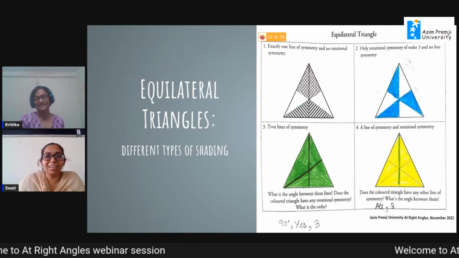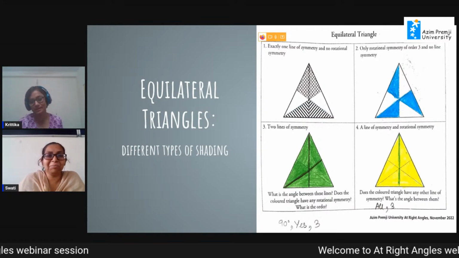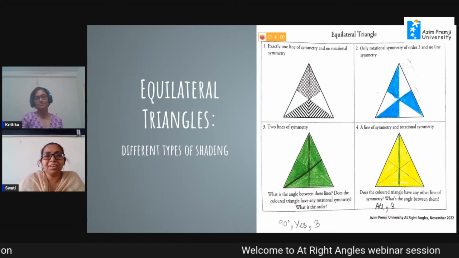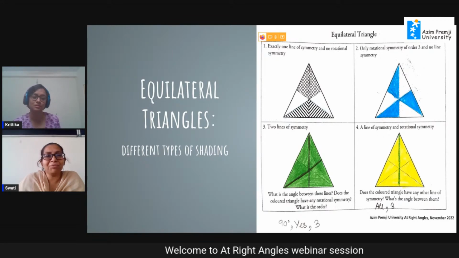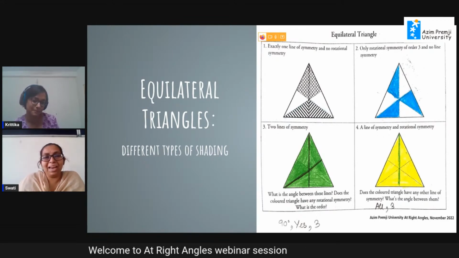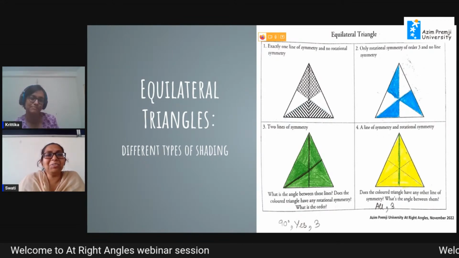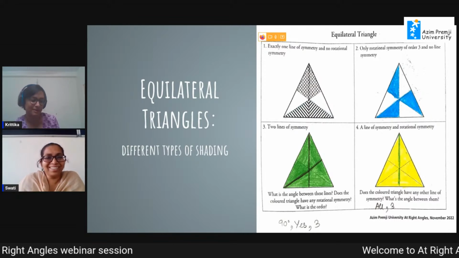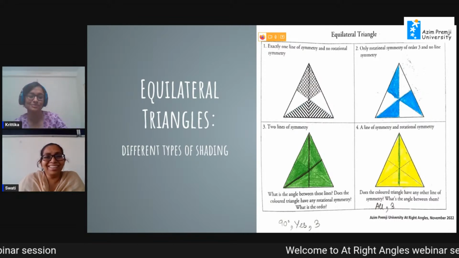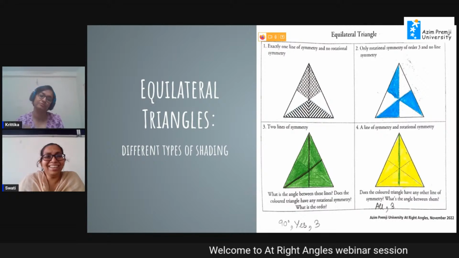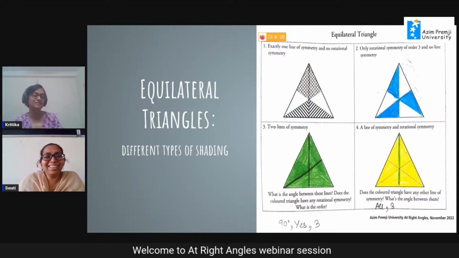All six parts will be identical. The whole point of these questions was for them to arrive at these conclusions themselves. I'm glad that they were doing that, and some of them were coming and asking us.